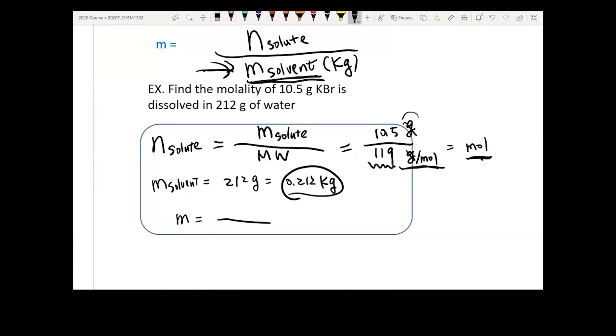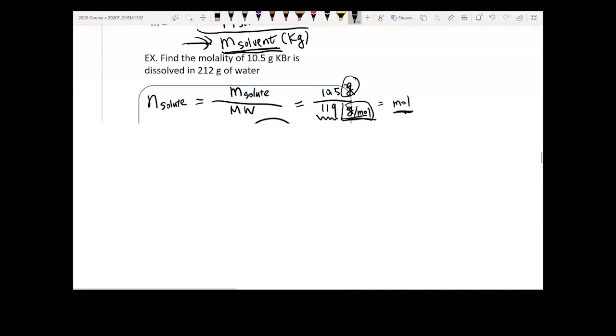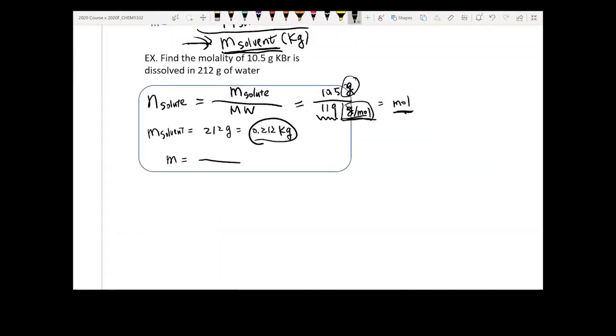That's why I did not need to convert this into kilogram. The calculation is just this divided by that. Then you get the answer of 0.416 m.